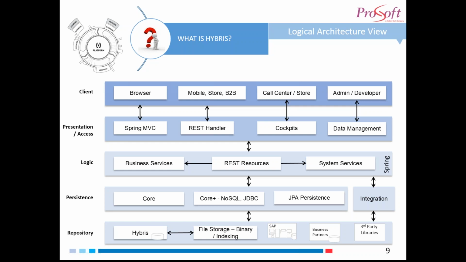And then at the back end, we are connecting to either SAP or our business partner or third-party libraries. So overall, as we decompose and look into those 5 spheres, which I showed, like what is an access tier versus a presentation tier, logic, persistence, and repository, this is a set of technologies which Hybris provides.